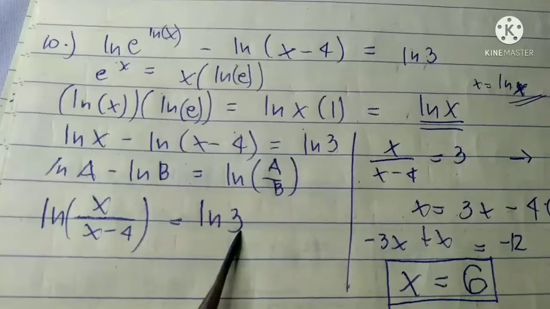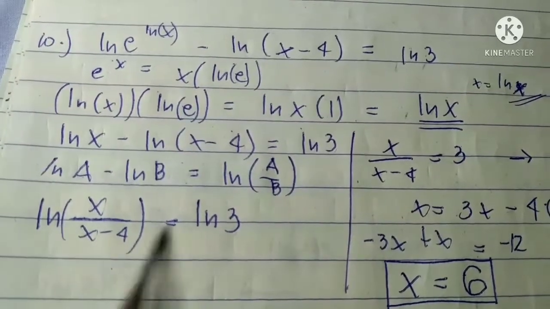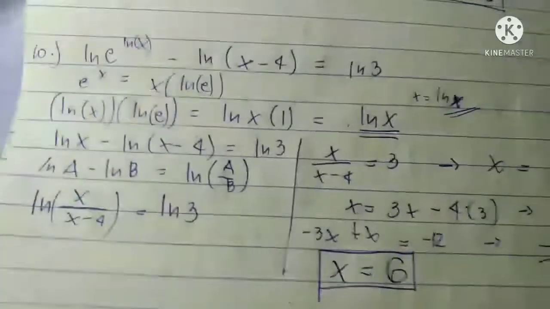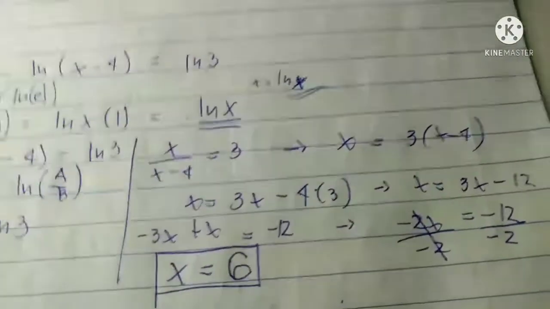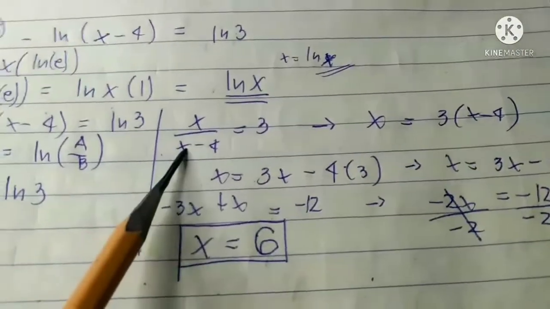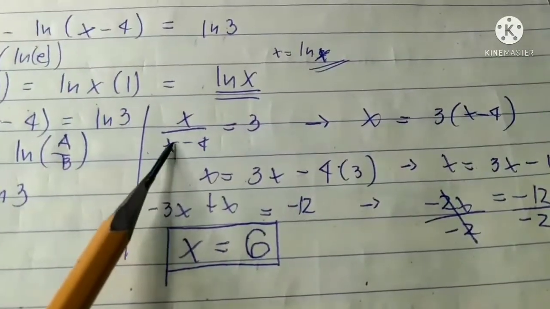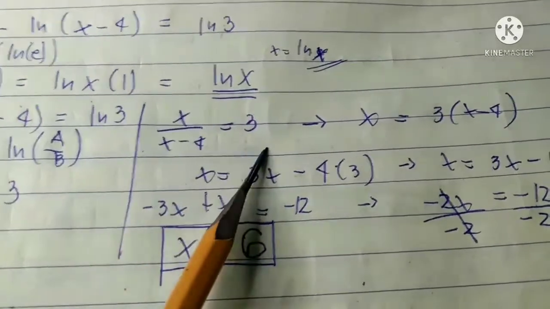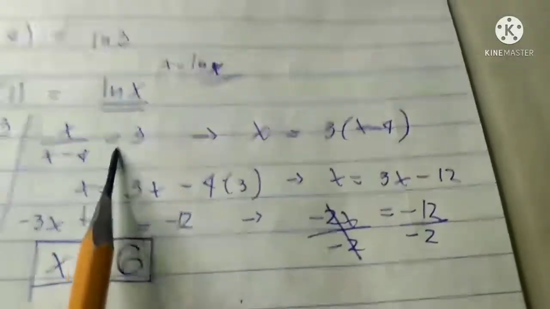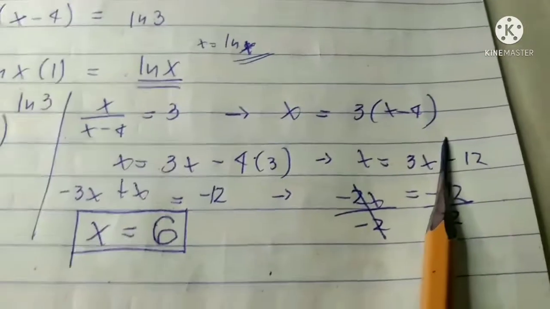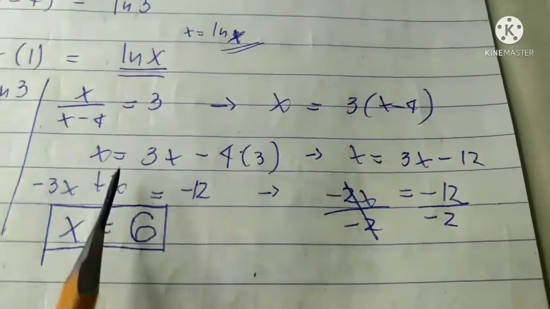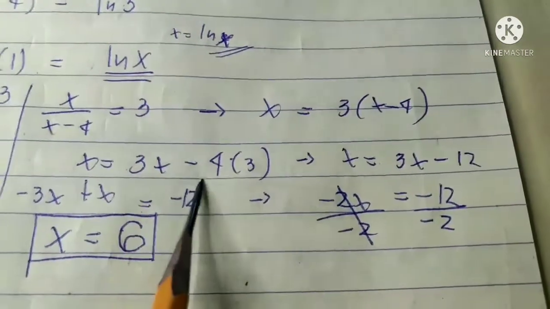And since we have the same base, we can write it like this. We have now x over x minus 4 equals 3. So if we cross multiply, we will get x equals 3 times quantity x minus 4. So if we simplify, we'll get x equals 3x minus 12.